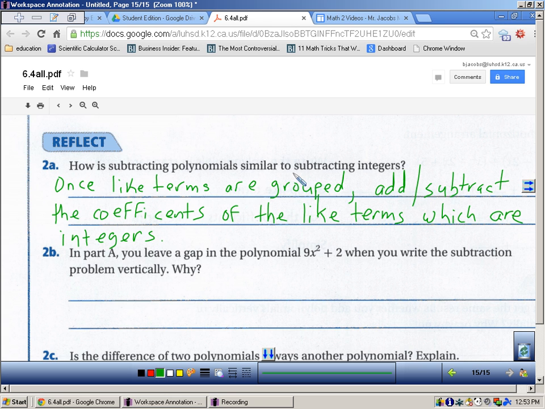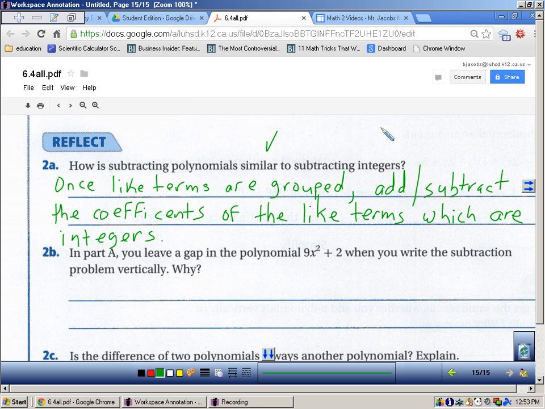If you look at the examples that you just completed, you first grouped the terms and then added or subtracted the integer coefficients of those like terms. So it is similar to subtracting integers once you collect like terms.